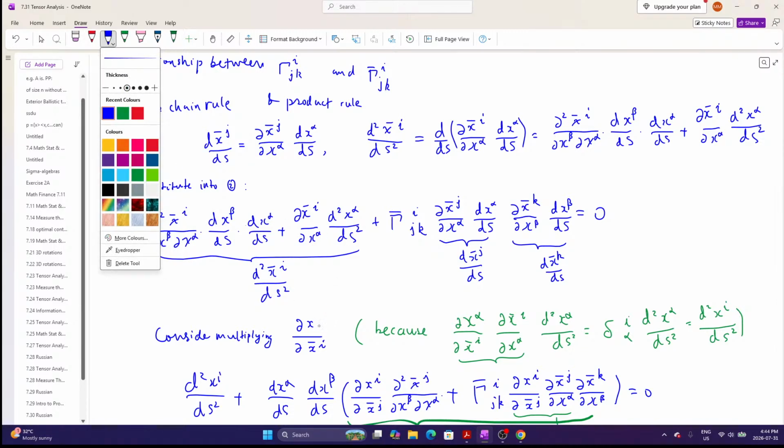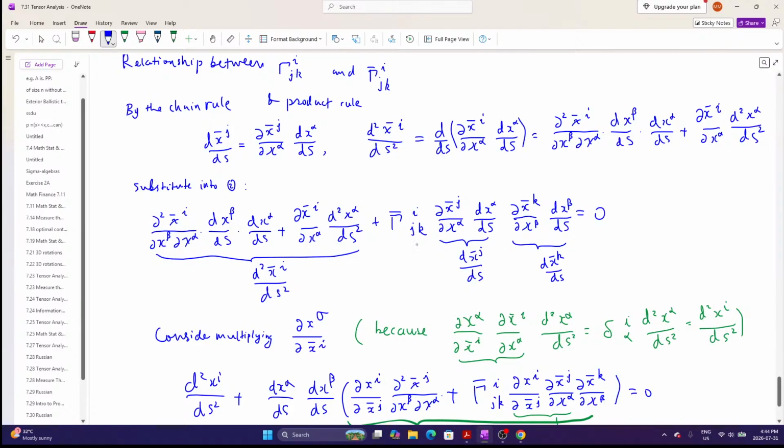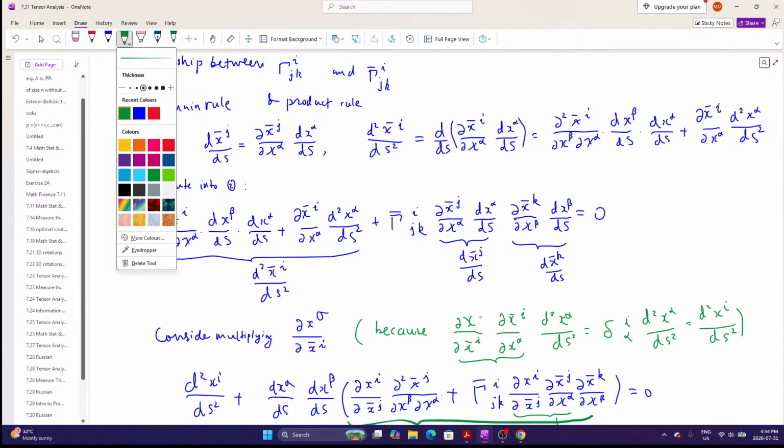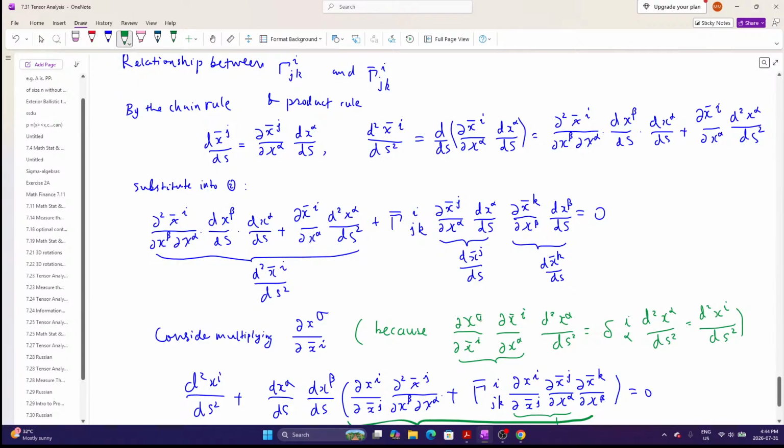So this should be sigma. Okay, so the first two terms combine to delta sigma alpha, and swapping alpha gives you d squared x sigma over ds squared. Okay, so this is fine now.